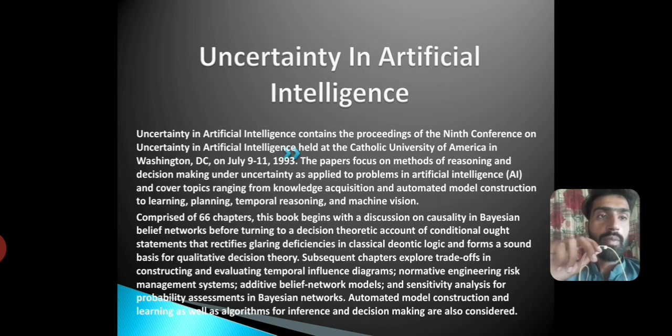Subsequent chapters explore trade-offs in construction and evaluation, temporal influence diagrams, normative engineering, risk management systems, additive belief network models, and sensitivity analysis for probability assessment in Bayesian networks. Automatic model construction and learning, as well as algorithms for inference and decision making, are also considered.